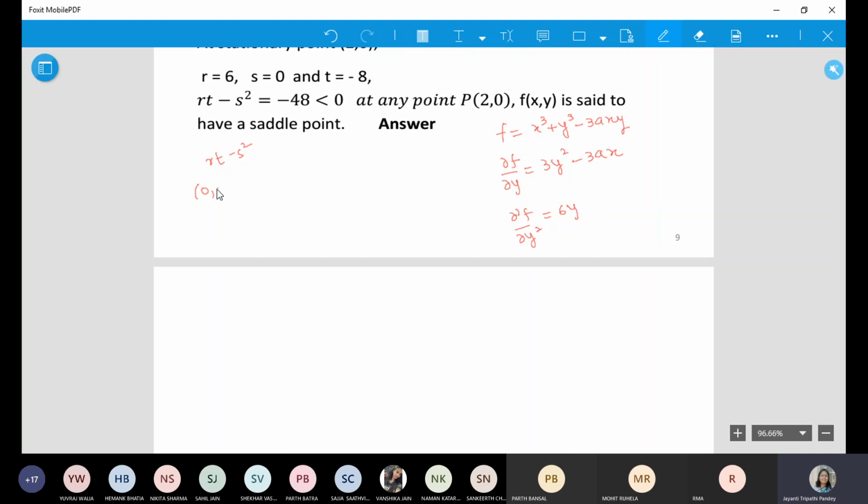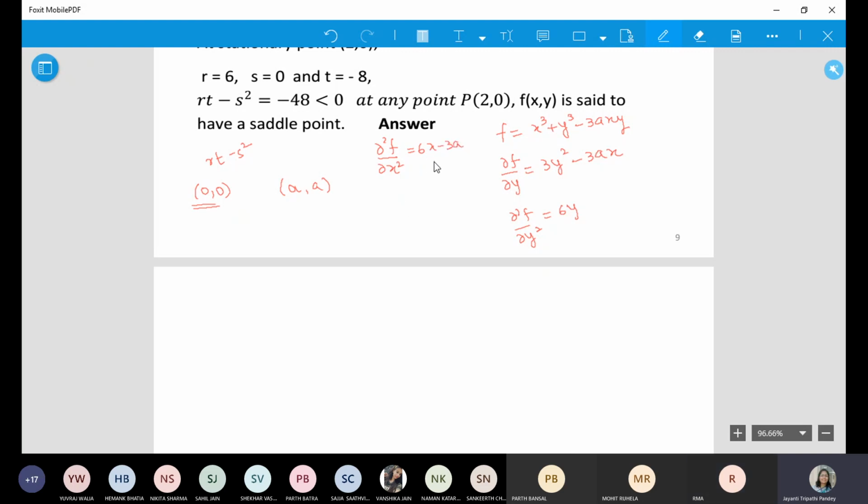You had 2 points. One was (0, 0) and the other was (a, a). So when you are considering (0, 0), what was your r and what was your t? My r was 6x minus 3a.